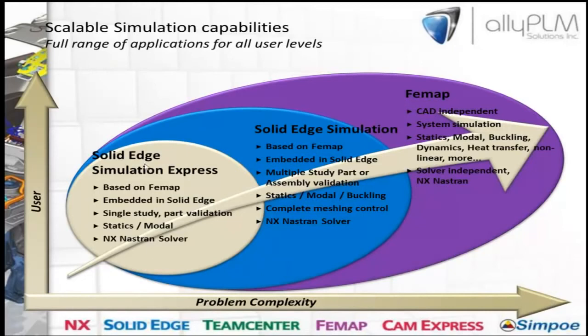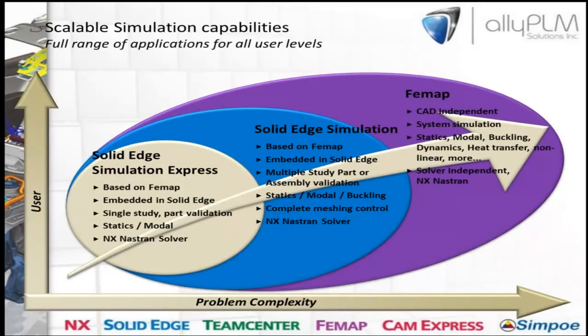Let's come to the other product, Simulation. The only difference between Express and Simulation is in terms of analysis type. You can do analysis on assemblies with the help of full-blown Simulation, and it also gives you a wide range of load types and a very flexible set of tools to modify your mesh.